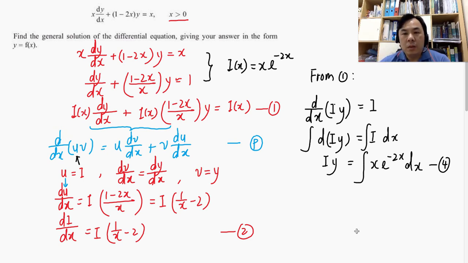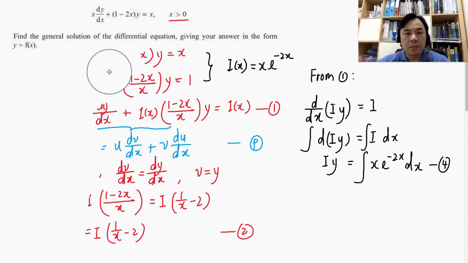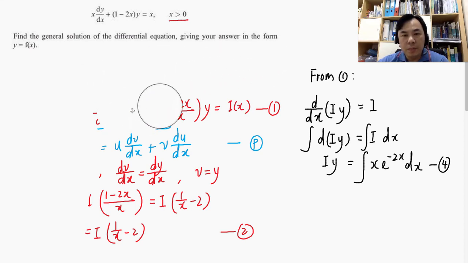Next, I'm going to work with this equation number 4 by performing integration by parts for my right-hand side integration. Hopefully at the end, I should be able to obtain the general solution of this differential equation. Just let me erase all this. We don't need this anymore.